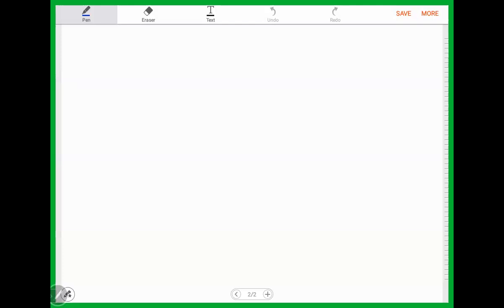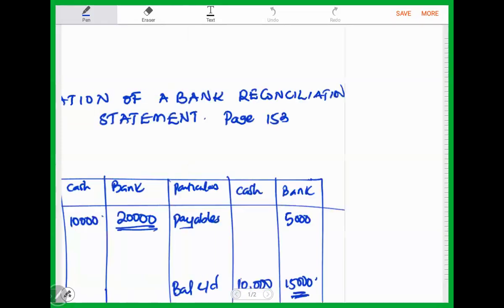The errors which have been made in the bank will actually be clearly said. So a bank reconciliation normally helps in detecting such errors.